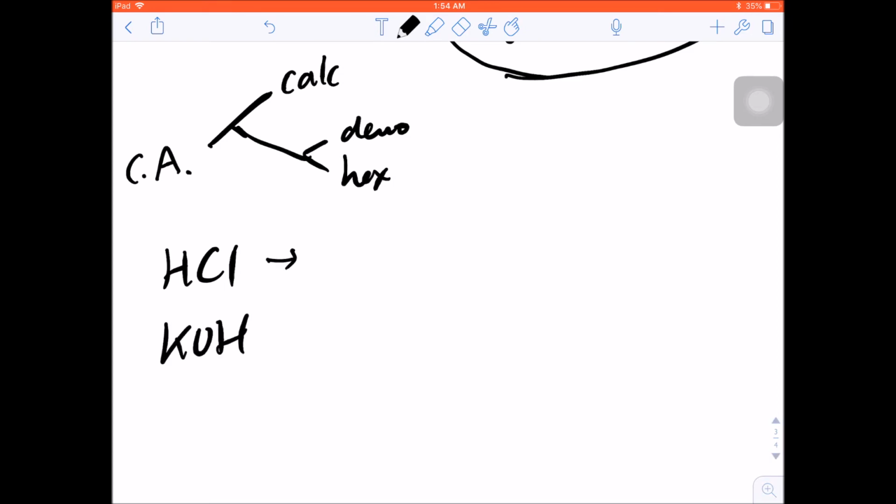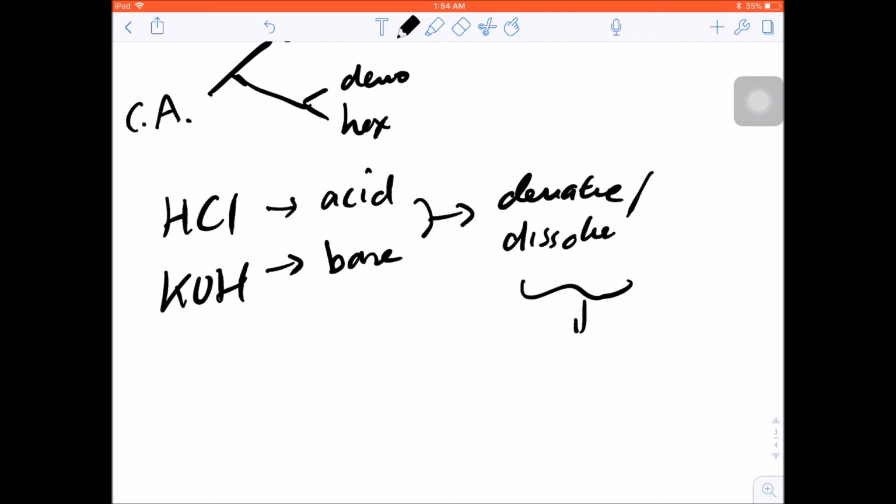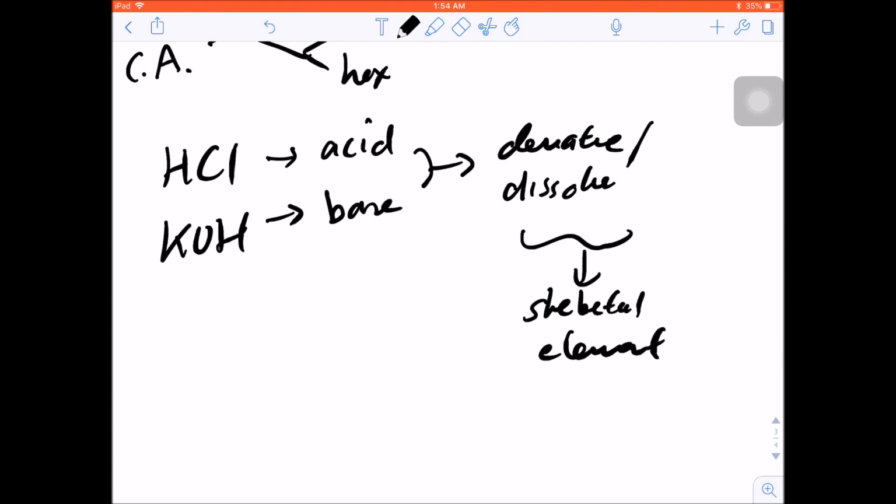Anyways, both of these chemicals, strong acid and strong base, are pretty caustic, and they will denature and dissolve a lot of the sponge tissue, right? And what's left over is the skeletal elements, so the skeleton. One of these skeletal elements, probably the most prominent one that we'll talk about, are the spicules.